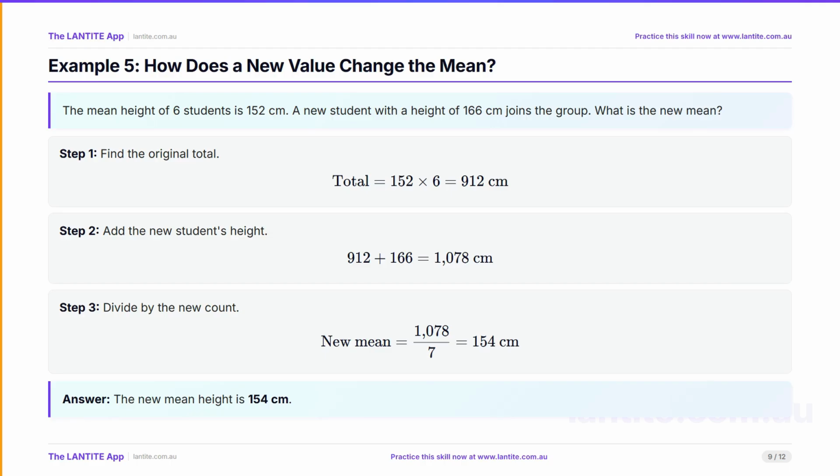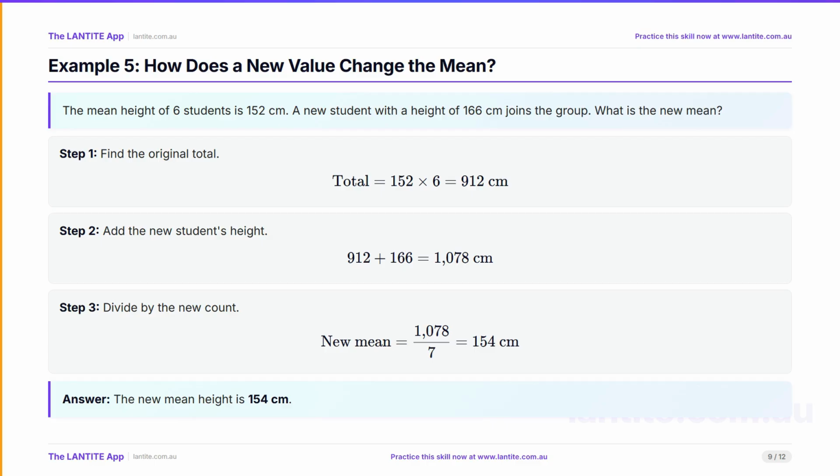Here's another common question type. The mean height of 6 students is 152 centimeters. A new student who is 166 centimeters tall joins. What is the new mean? First, find the original total. 152 times 6 is 912. Then add the new height. 912 plus 166 is 1078.